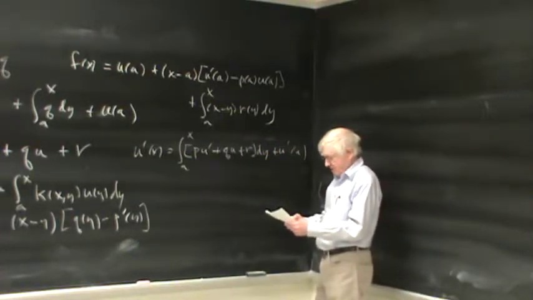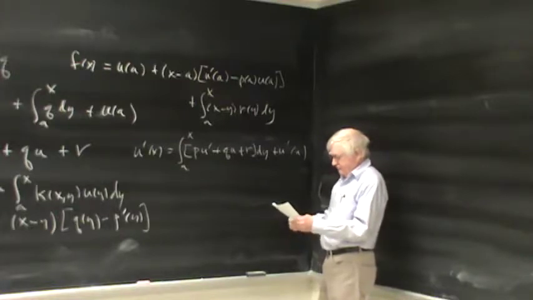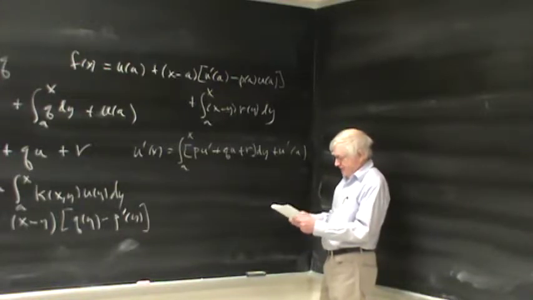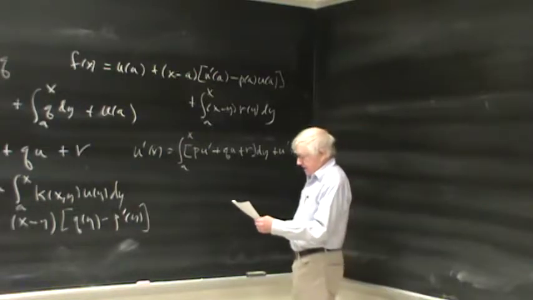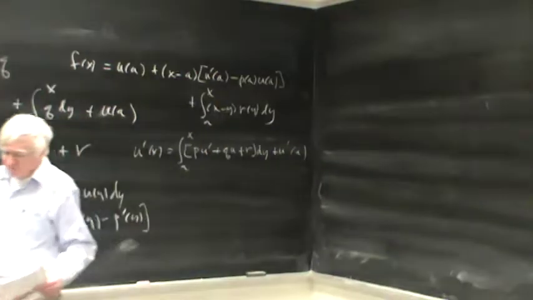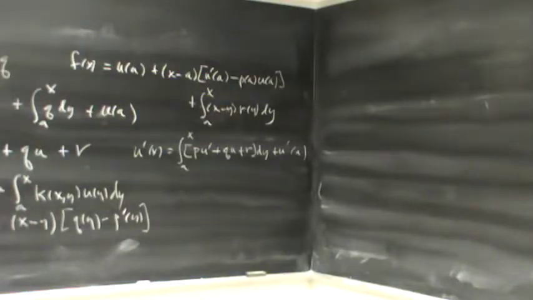So that's one integration. Now you have to integrate and use a trick. And let me show you the trick. The trick is equation 7.58, which, good gracious.